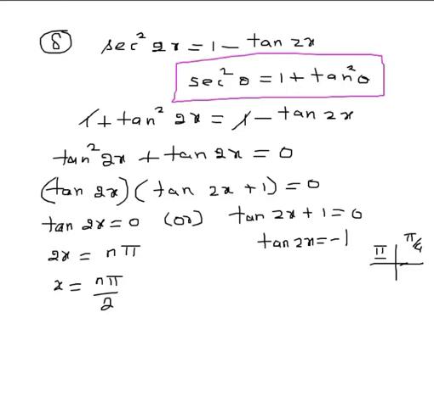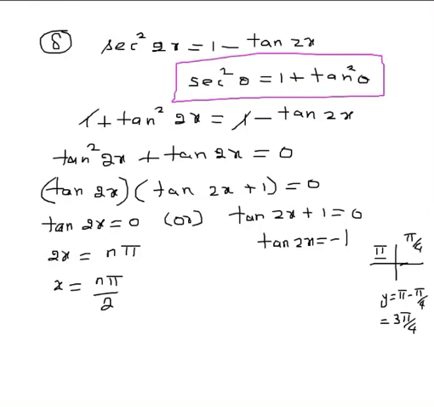Base angle is pi by 4. But our y is the second quadrant angle. Second quadrant angle we write it as pi minus pi by 4, which is 3 pi by 4. This is our first principal solution.